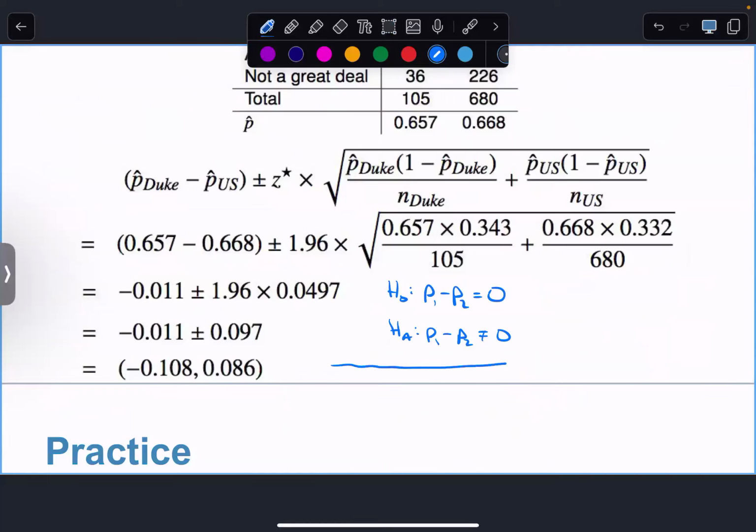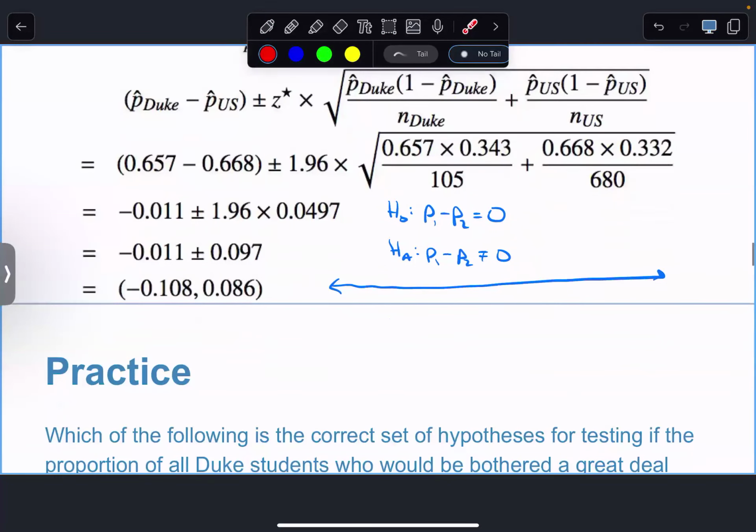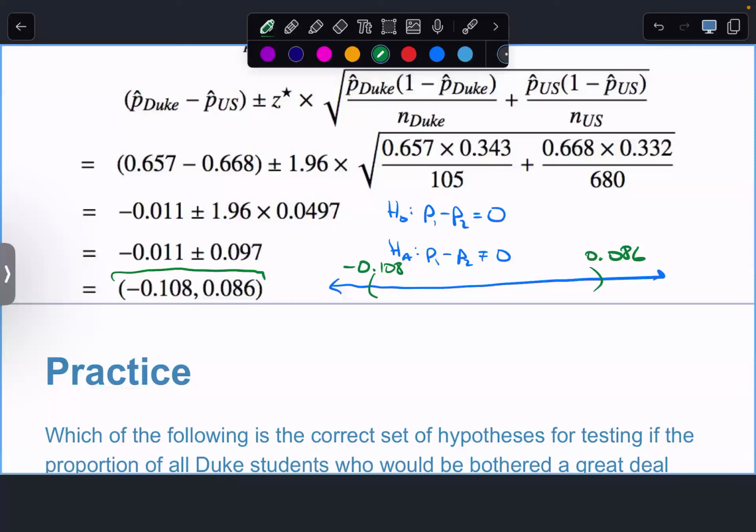So now, because I'm on this slide, I'll use this interval instead. That's fine. From negative 0.108 up to 0.086. Well, 0 is somewhere in this interval.